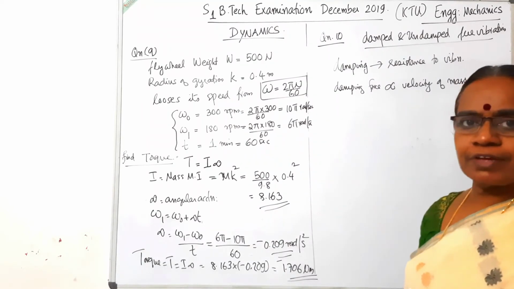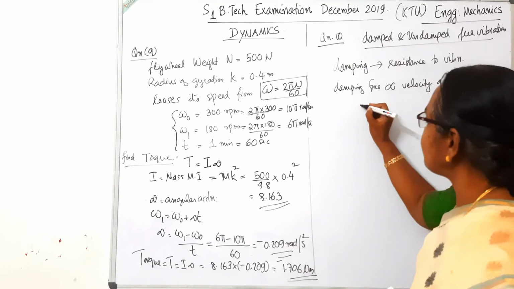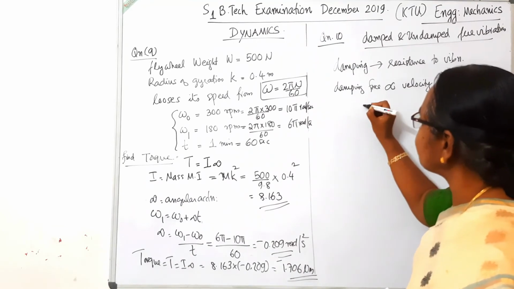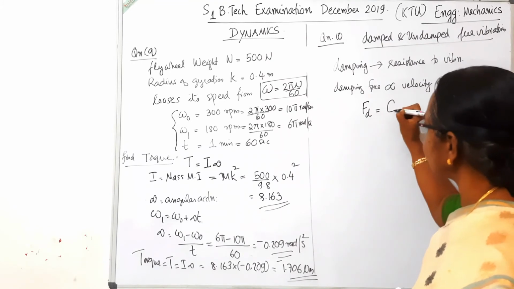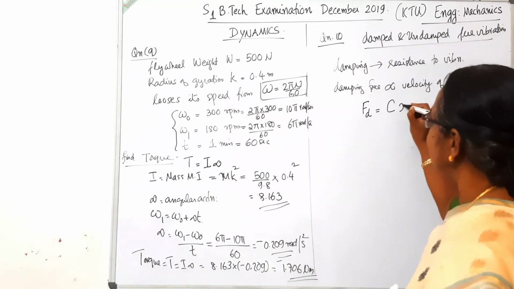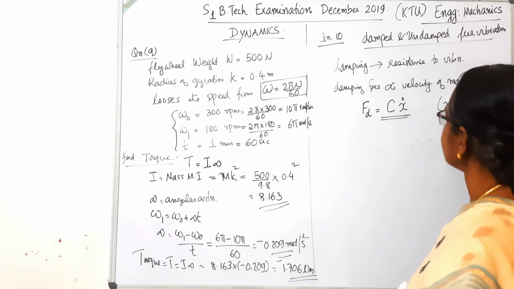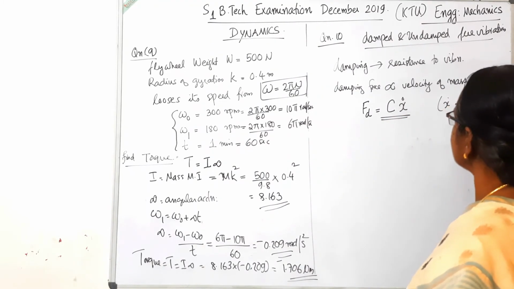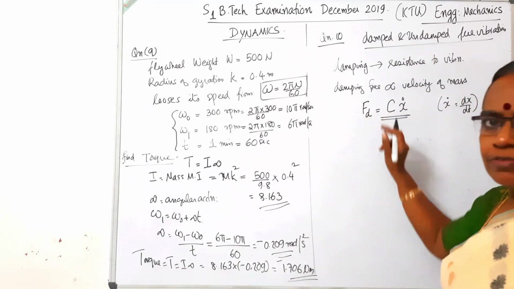If I represent the damping force as F suffix D, it is given by the coefficient of damping C into x dash. x dash is nothing but dx by dt, change in displacement with respect to time. So damping force is C x dash.